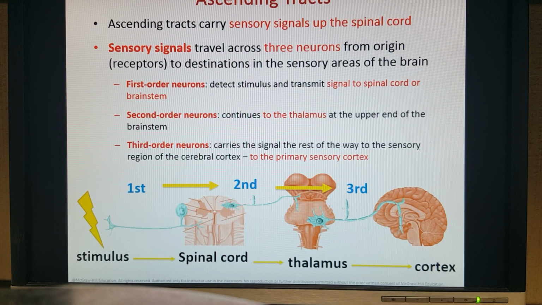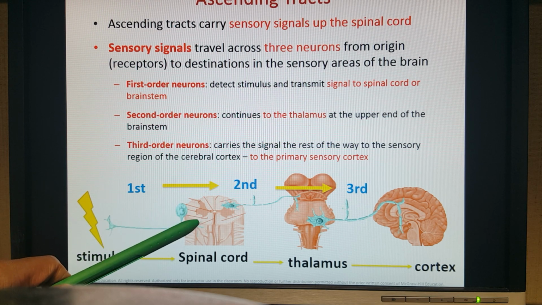For our ascending tracts, they're going to send sensory signals up through the spinal cord and eventually into the brain. There are 3 neurons that are part of this ascending tract. We have our first order neuron, which is this one here. That's our sensory neuron that's going to receive the stimulus and send that information to the spinal cord.